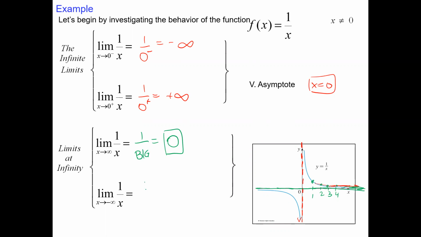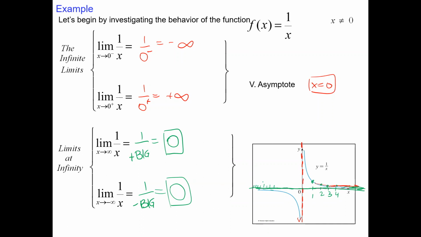And again, 1 over a big number. This one was positive, this one is negative, but we can see also from the negative side, from below the x-axis, the graph is approaching 0 as x is getting large in the negative direction. -1/2, -1/4, -1/8, -1/100, small numbers.